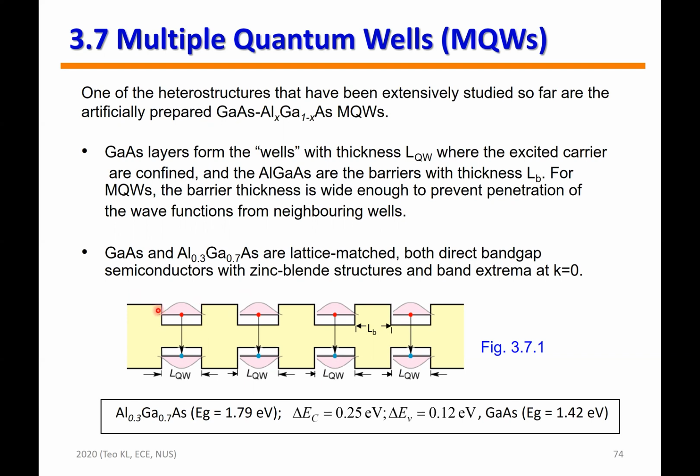So again, gallium arsenide forms the well with well width of LQW, and the carrier is confined. The wave function will penetrate into the barrier for practical real devices, but they do not overlap. The wave function does not overlap with each other.